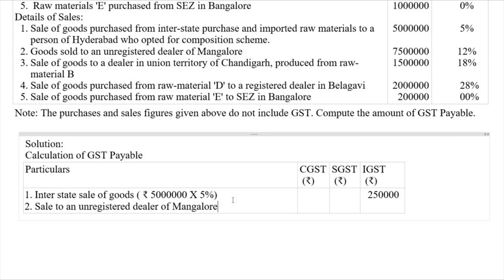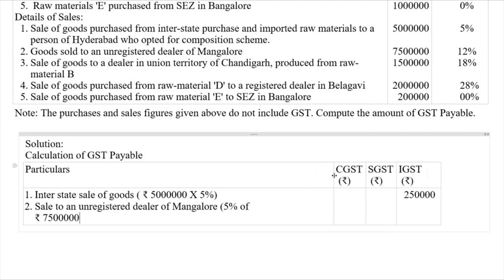So the rate of GST is given as 12%. So 6% CGST, and so what we will do here, 6% of rupees 75 lakhs into 1/2.